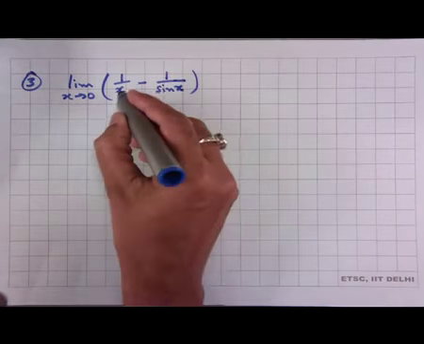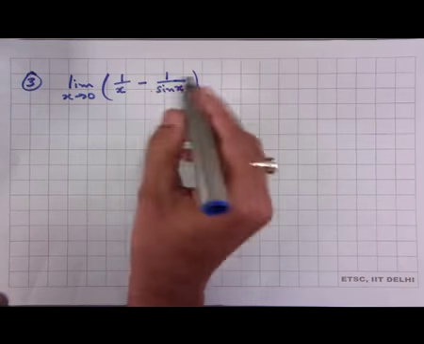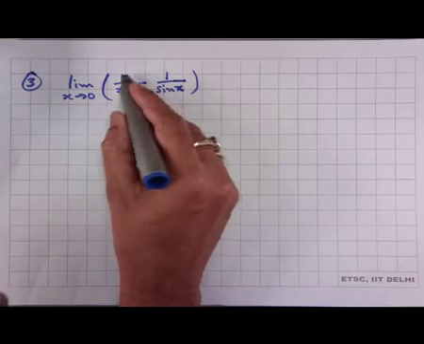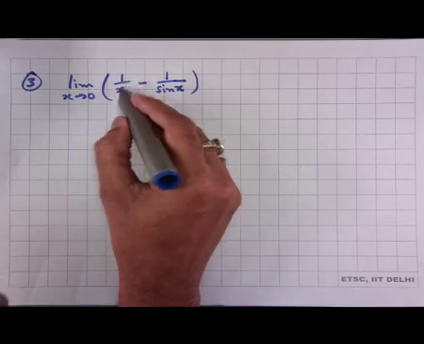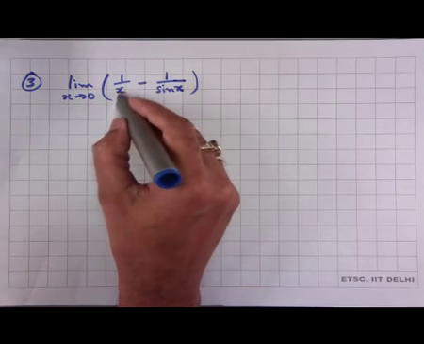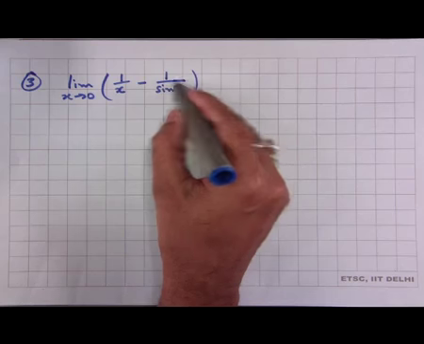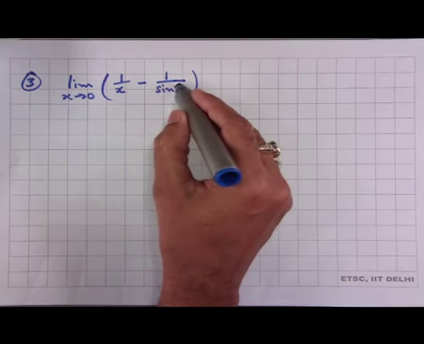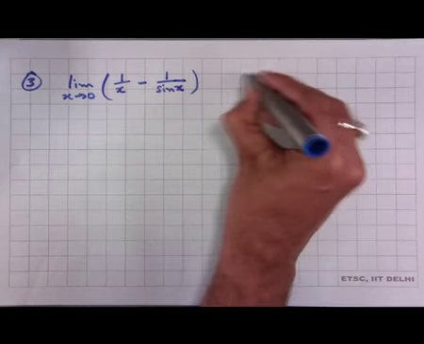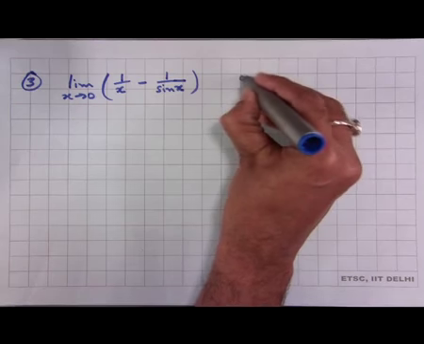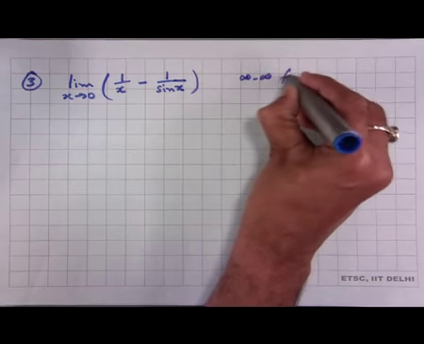As x goes to 0, 1 by x approaches plus or minus infinity from right and left, and sin x as x approaches 0 approaches 0. So, this is infinity minus infinity form.